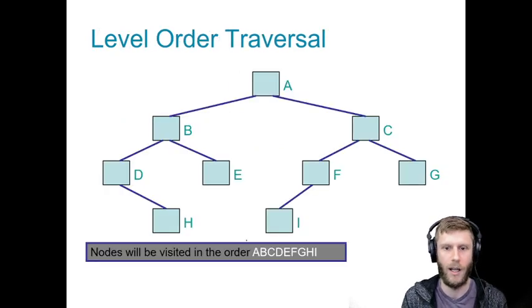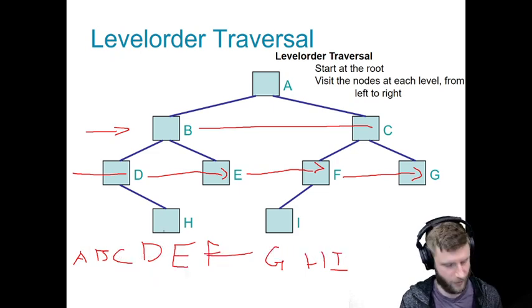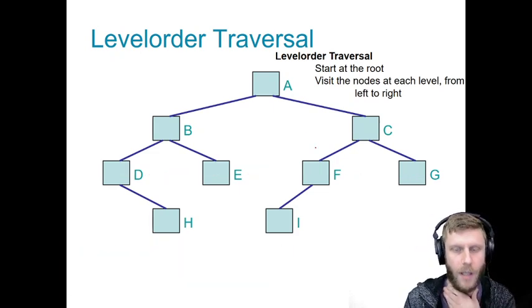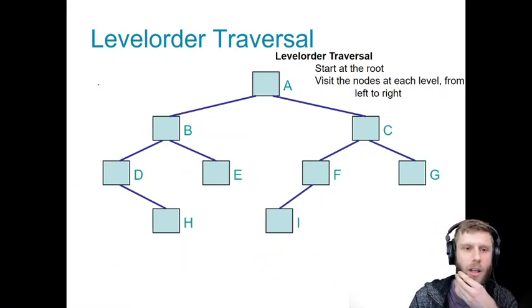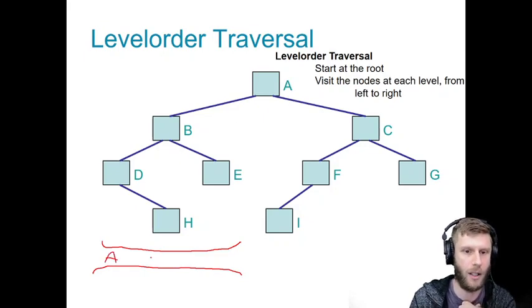So, let's go back here and do this. Let's clear everything here. Imagine we have a queue. I'm going to do this to represent my queue. First thing I do is go to the root and enqueue it. Note, this is the queue, not what's printed out.